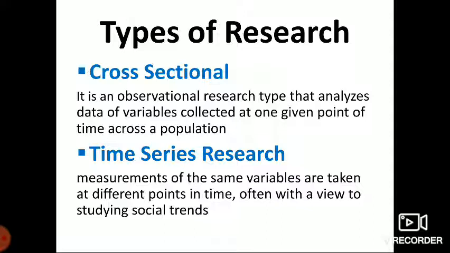The sixth one is time series research. This type of measurement is used to identify a variable's performance at different points of time. For example, if a doctor wants to measure the outcome of his treatment, on the first day he gets the outcome from the patient.